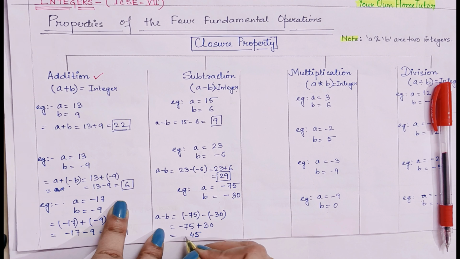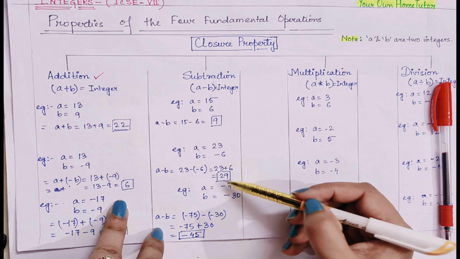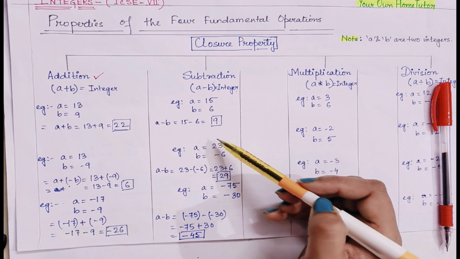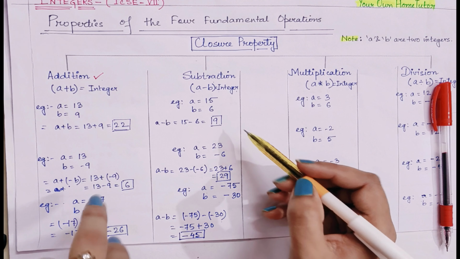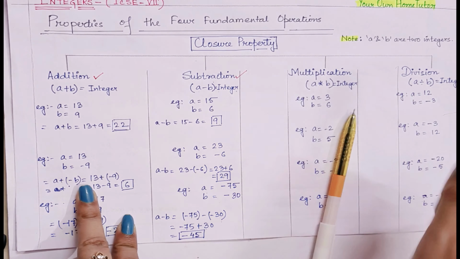Minus 75 is greater than 30, so the mod value of minus 75 is greater than 30. So we will put a negative sign here. So minus 45 is again an integer. So in all the three examples, we saw that after subtracting two integers, we are always getting an integer. So the closure property also holds for subtraction.